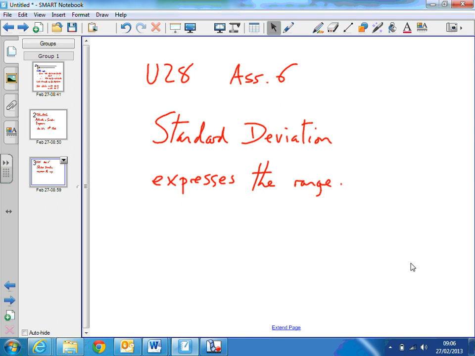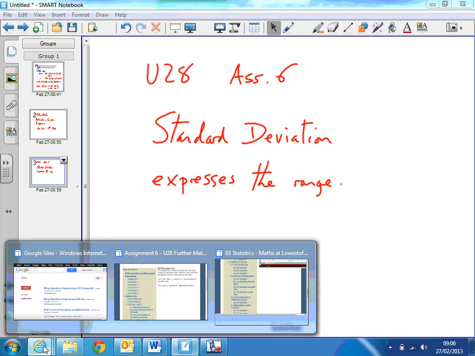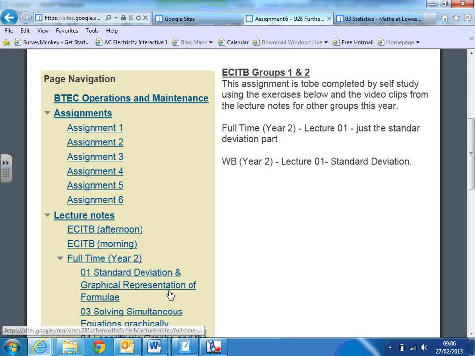What I want you to do is look, again, on the BTEC operations and maintenance site for Unit 28, down here at assignment 6, which is this assignment. You'll see it's to be completed by self-study using the exercises below, the exercise list I've just given you, in other words. And there's two lectures that I made a note of here that will be useful to have a look at.